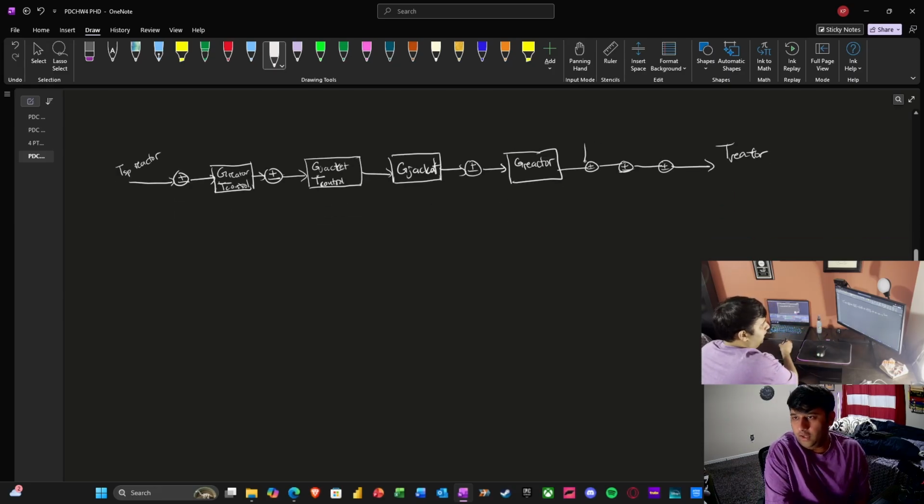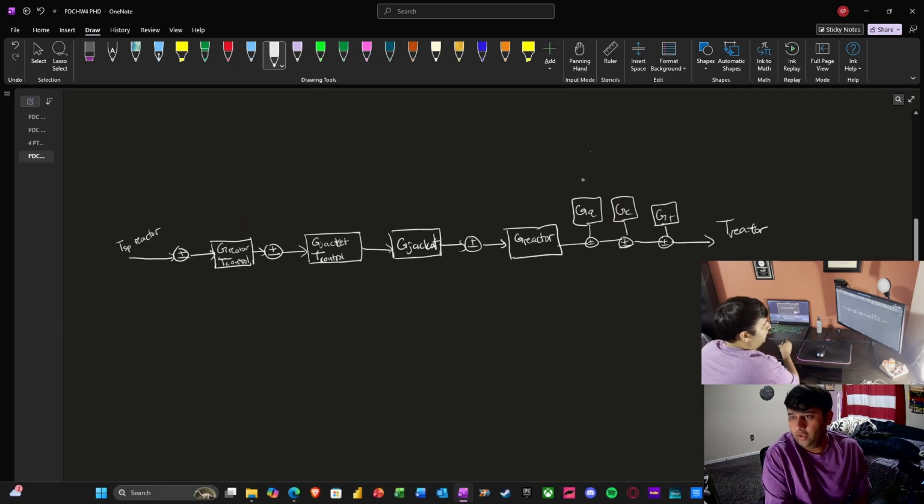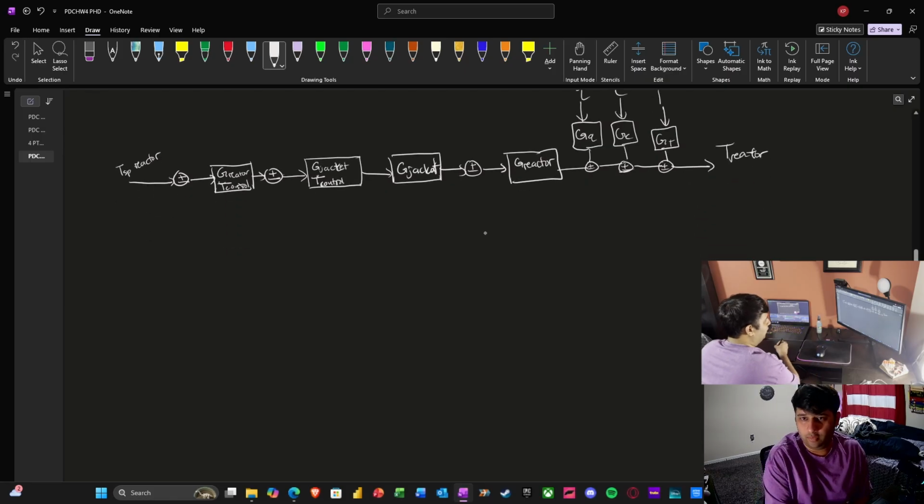So we're going to have separate boxes for these: our GQ, GC, and GT with an input of Q, C, and T. So this is basically what our block diagram looks like.